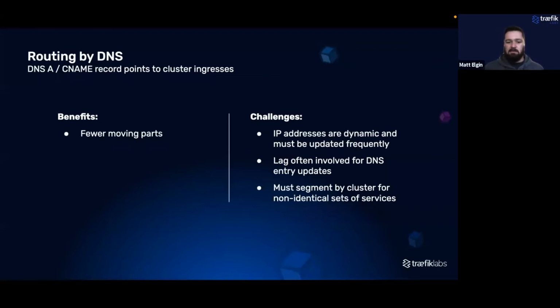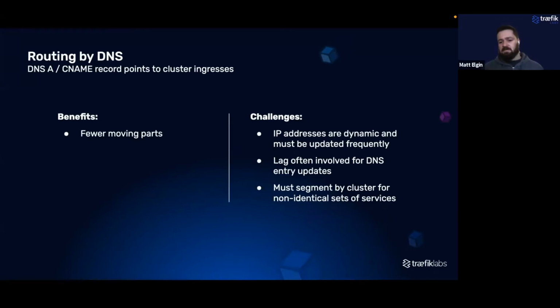If they're in the container world, they're updating frequently. And updating those through DNS can be problematic, especially when you start to account for the lag that can be associated with those DNS entry updates. It runs into reliability issues for being able to quickly update your configuration and your routing.